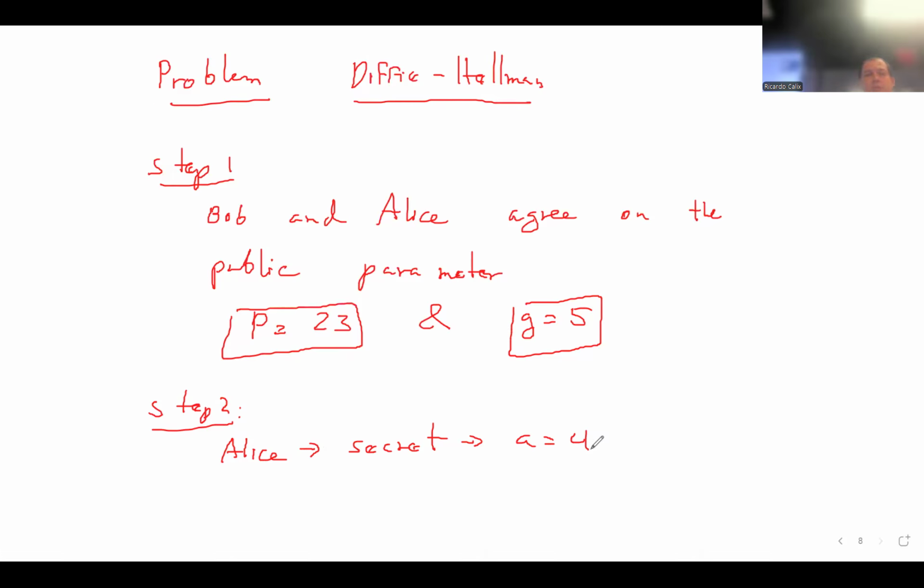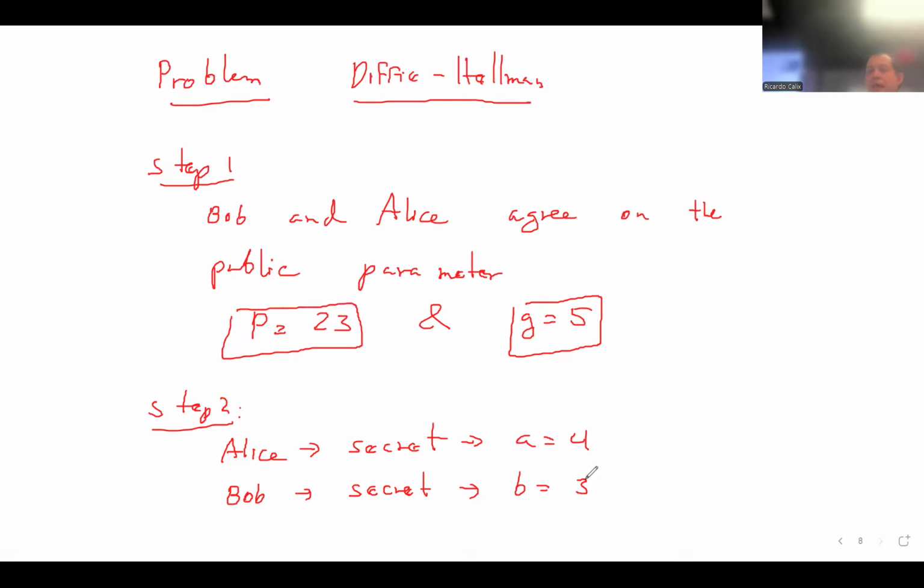I'm using small numbers here. Then we've got the same for Bob. Bob would select a secret, which would be b equal 3.